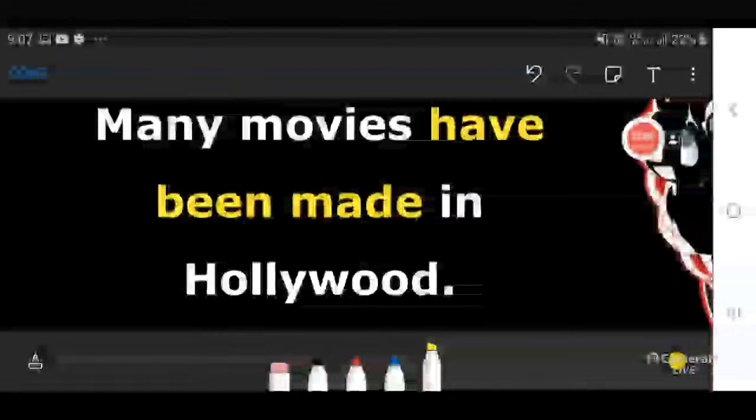If we want to make the tense of this, in which tense this can be converted, anybody can say, this will be known as present perfect tense. Fine. For example, I have read many books.